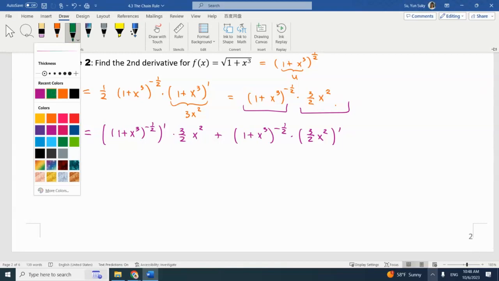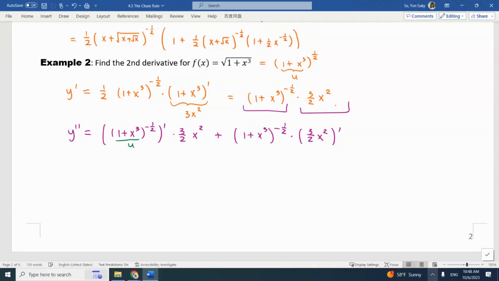You see here, we get a composite function. Then we need to let this be u, right? Yes? So looking from the outside to the inside, here we need to do the chain rule. What's the derivative of u to the minus 1/2? So what's the power rule?